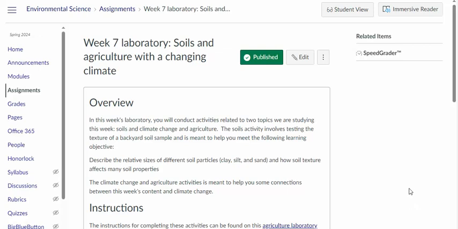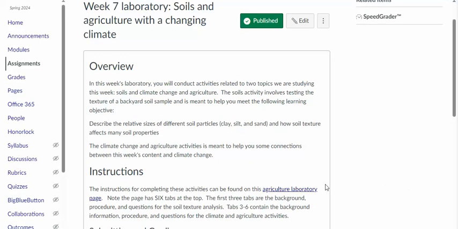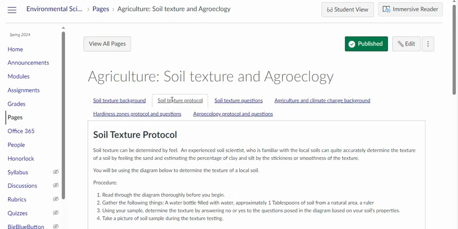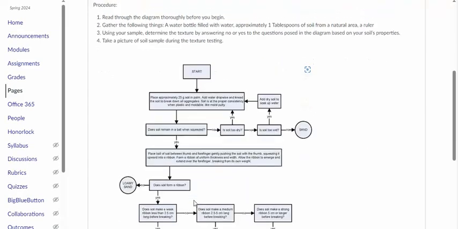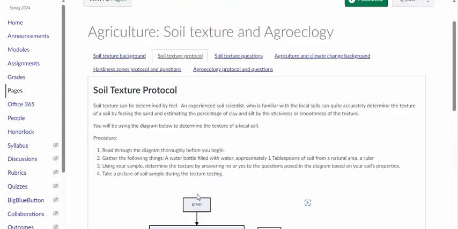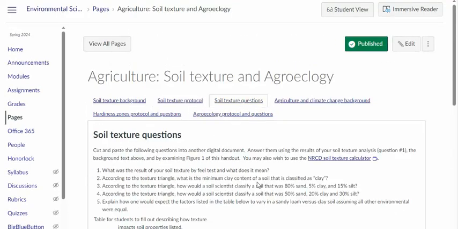We have a laboratory this week about soils and agriculture. There's a bunch of tabs here, so they kind of got on top of each other. But the first part of this lab is you're actually going to get your hands dirty and you're going to follow this flow chart to determine the texture of some soils that you find maybe in your garden or your backyard. And then you're going to answer some questions about soil texture.